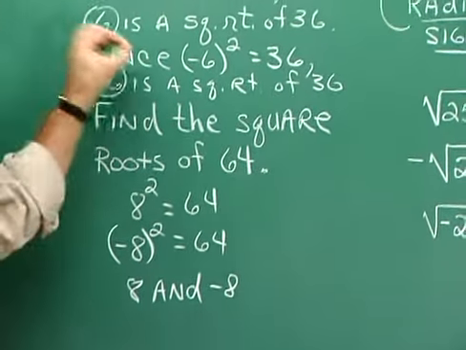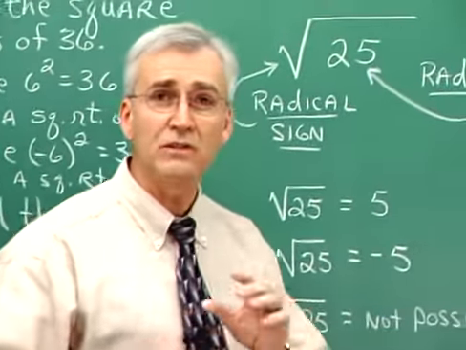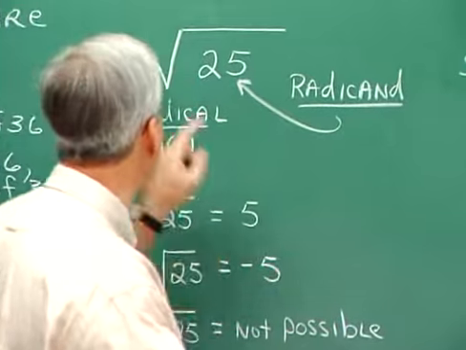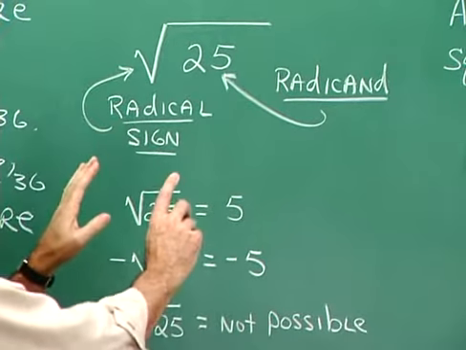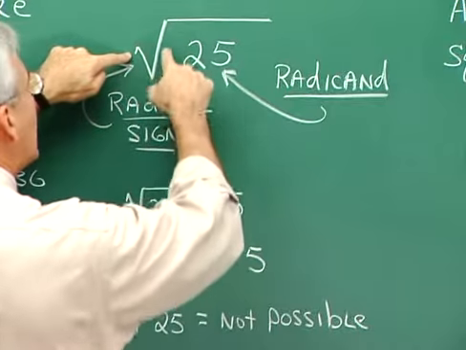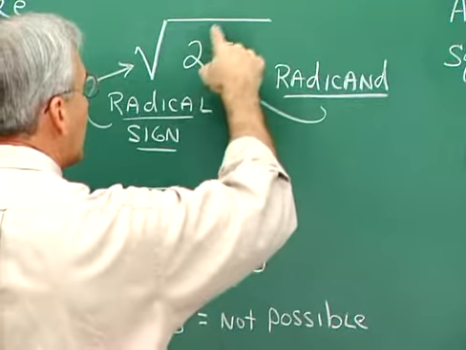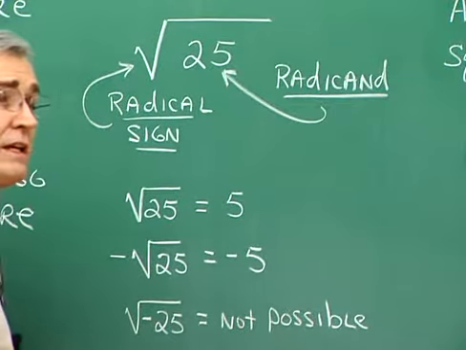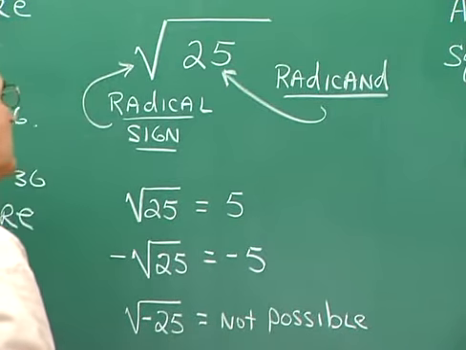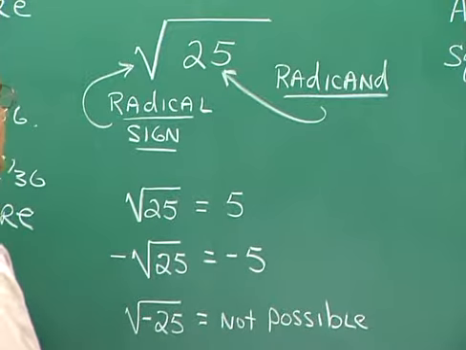Now, the request for square roots is made by using a little mathematical symbol, and it looks like this. It's almost like a division sign, but it's not. It's a little wiggly thing here, and this symbol is called a radical sign. And the number that is under the radical sign is called the radicand. We're not going to use those words a great deal, but we will from time to time.